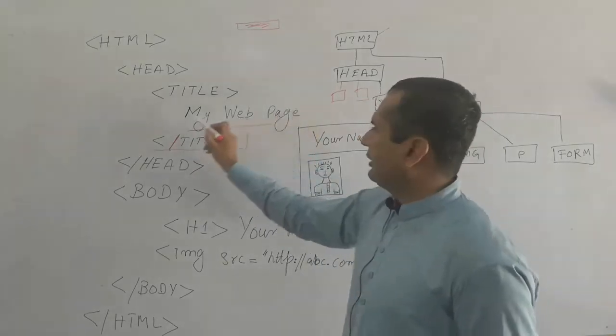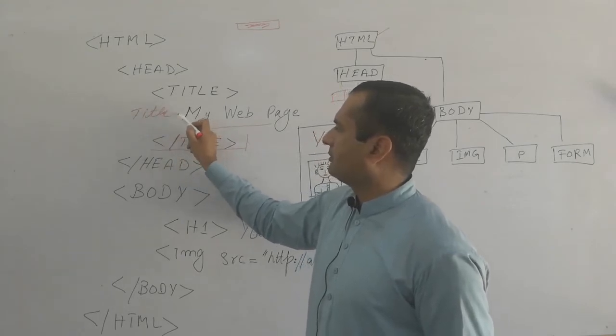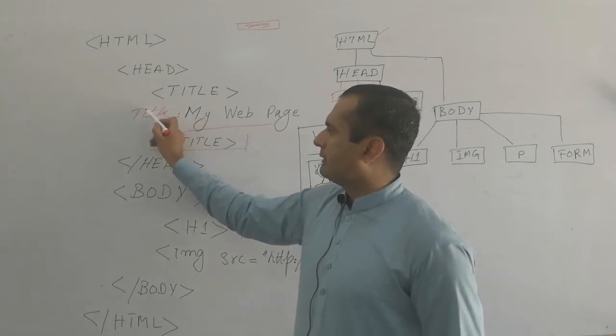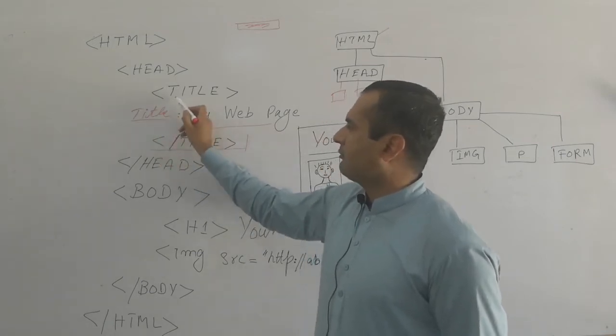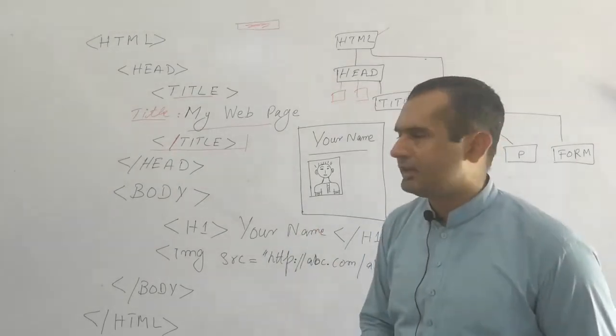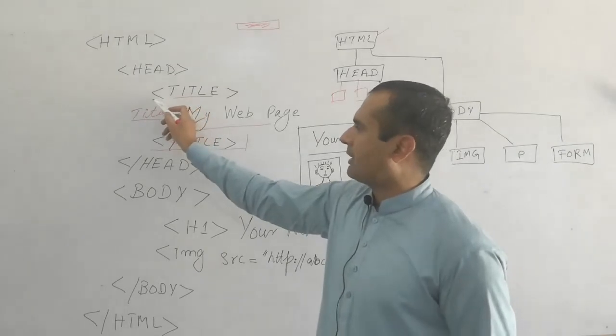Suppose I want to write title as a part of my text, such as my title is my web page, then this title is different from that title. What differentiates them is the angle brackets.